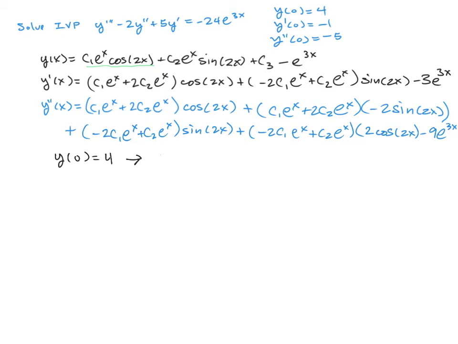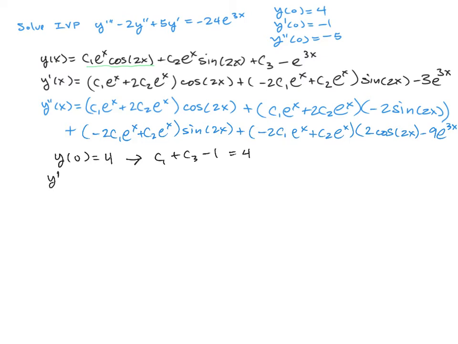The second term is gone because the sine of 0 is 0, so all of those terms are history. And then we're going to have a plus c3, and the e to the 0 again is going to be -1. And again, that must equal 4.